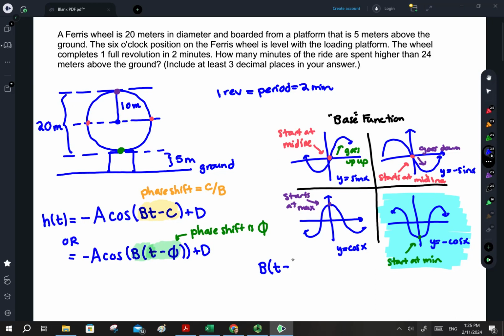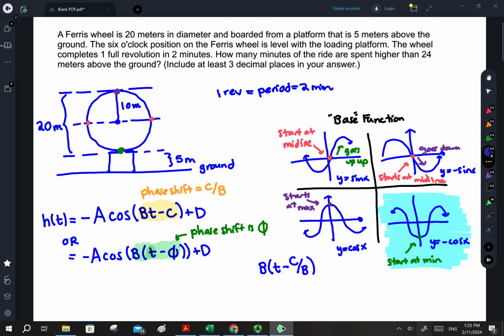Factoring is essentially like dividing, so you would end up with t minus c over b in the parentheses. So the phase shift phi in the form b times t minus phi is c over b, which is why if it's not factored, we just calculate the phase shift as c over b.